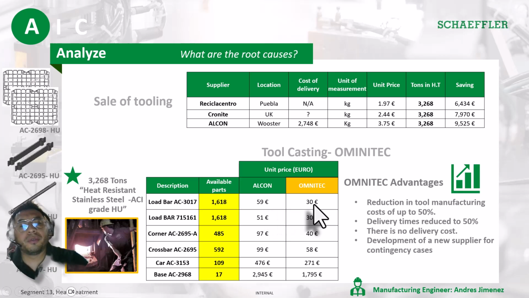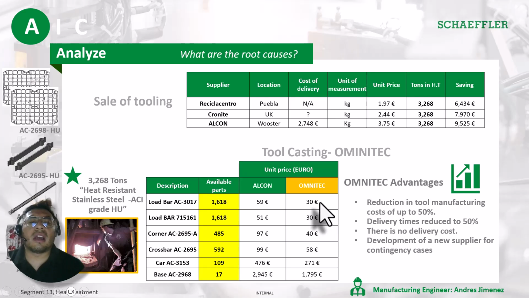However, if we send all the 3.2 tons to Omnitech, he could offer us a special price for each tooling. When we buy original tooling, the cost is 59. However, if we buy from Omnitech, the cost is 30 euros.